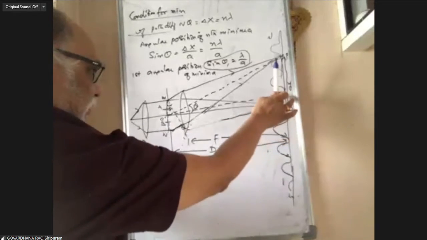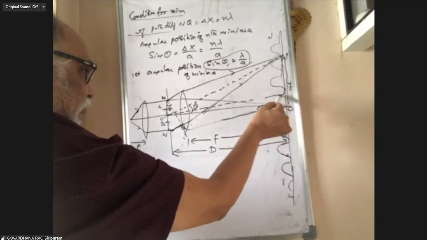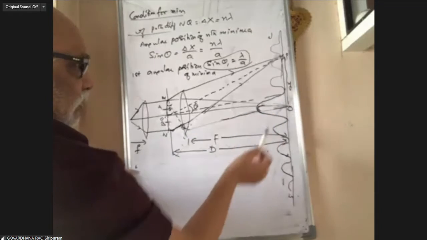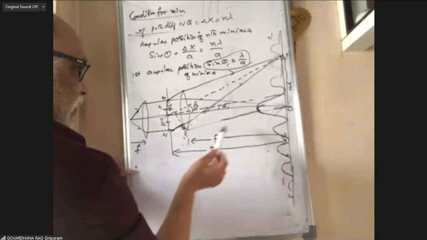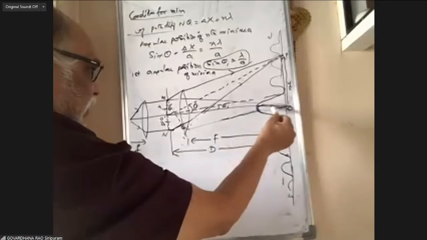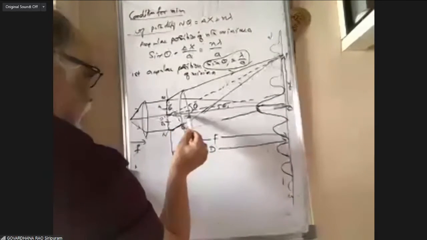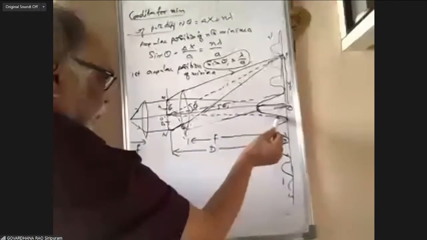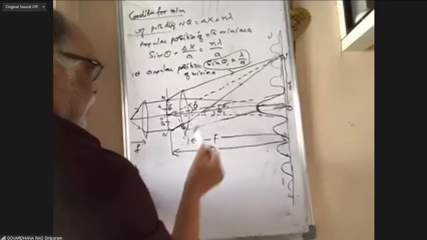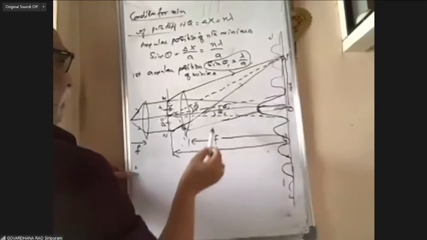This is the minima, this is the minima, first angular position at theta 1. This theta 1 is on both sides, on this side also. So both sides means what?